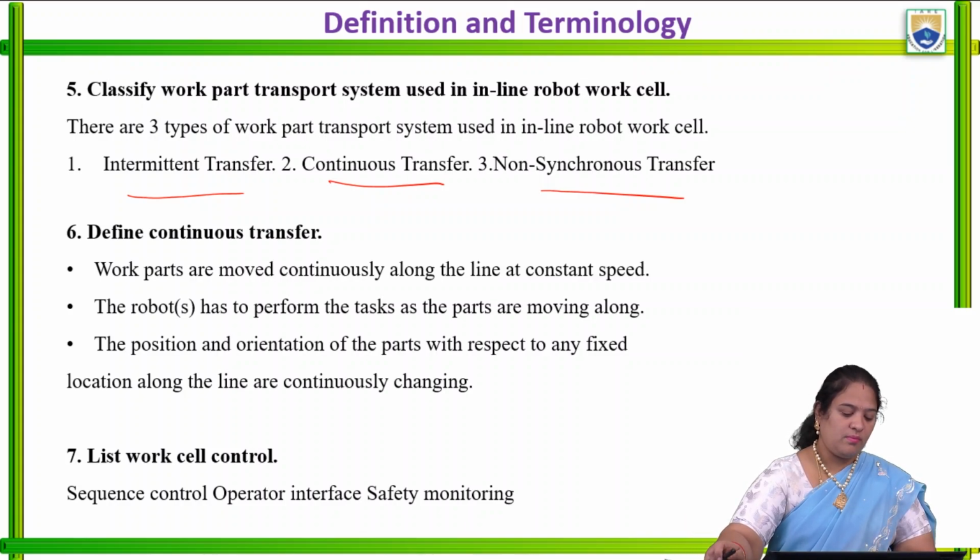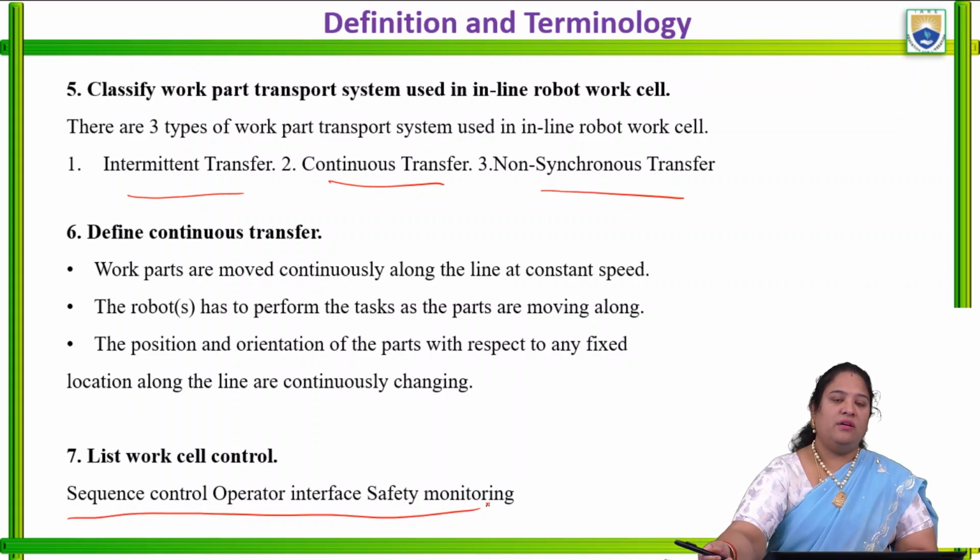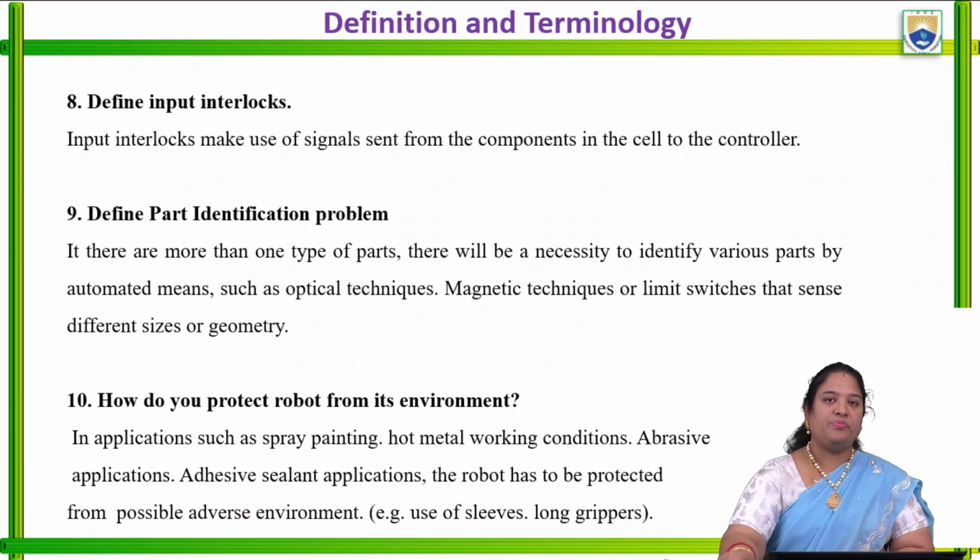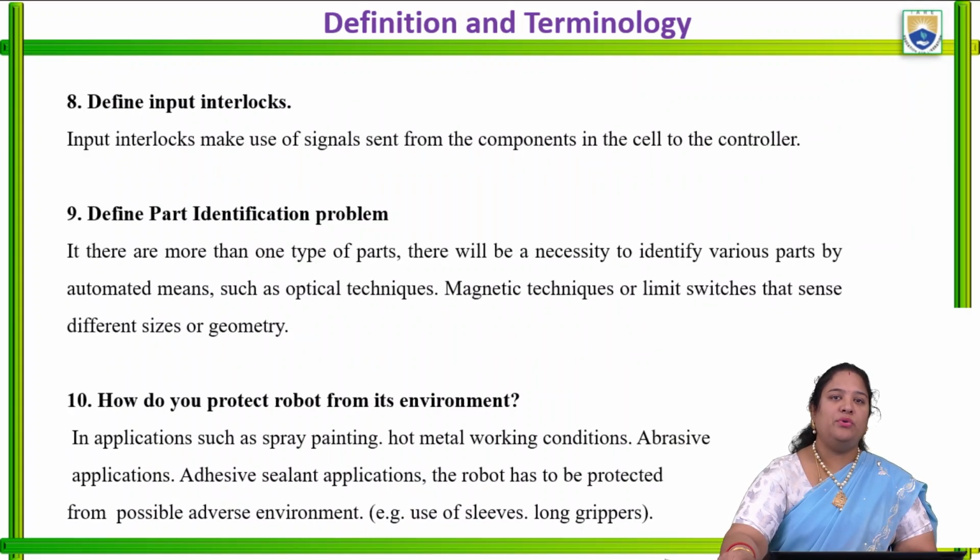Right? Next, list work cell control. What do we mean by work cell control? That is sequence control, operation interference, safety monitoring. When we have control of sequence operation, interference, and safety monitoring, that is known as cell control. Define input interlocks. Input interlocks means what?